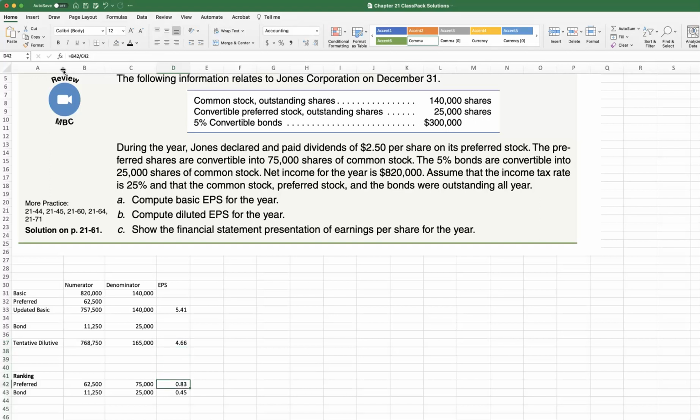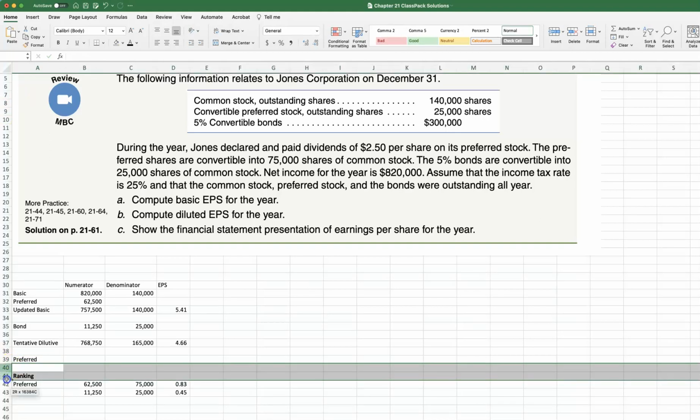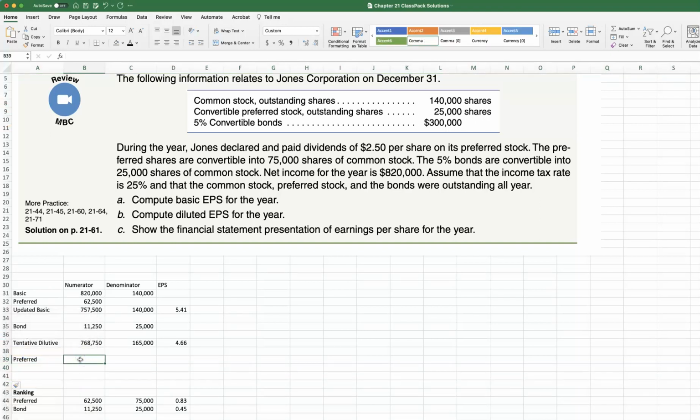Well, we only have two. So the next one is the preferred. So we're going to pretend everybody had converted their preferred shares to common. So now I'm going to add back that dividend that I had backed out for basic, and I'm going to show the number of shares that I'll issue.